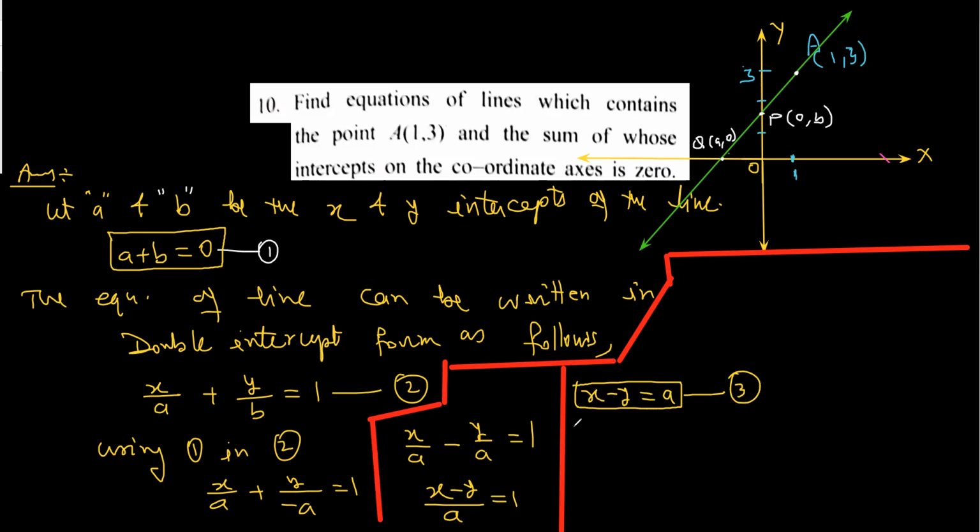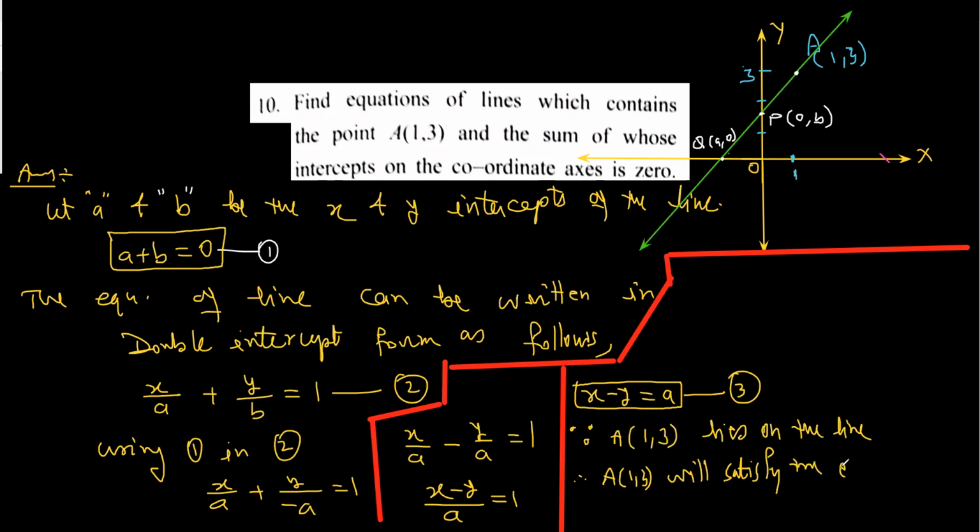So I will write here, since A(1, 3) lies on the line, therefore A(1, 3) will satisfy the equation of the line.